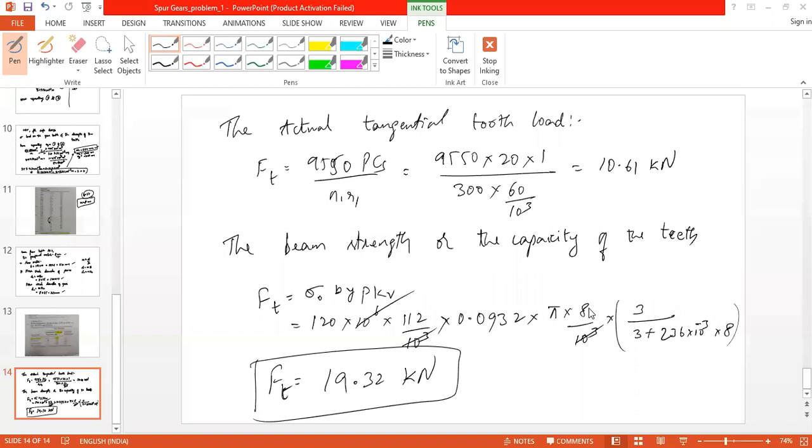So now, how do you interpret these two results? The actual load is 10.61, but the same tooth has the capacity to sustain a load of 19.32. So whatever answer you got is perfect.